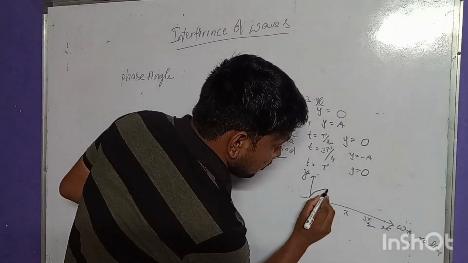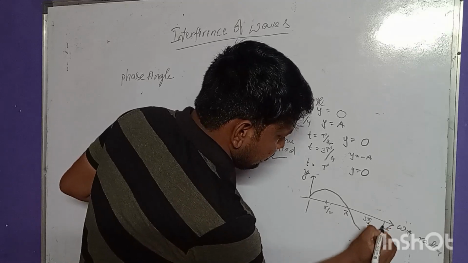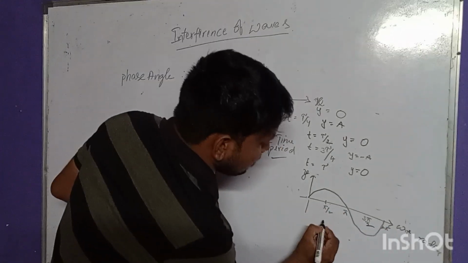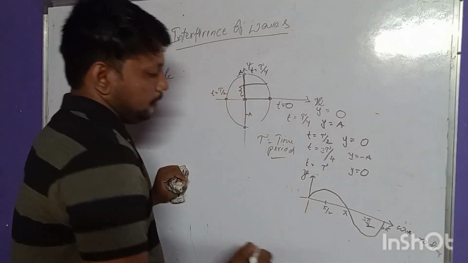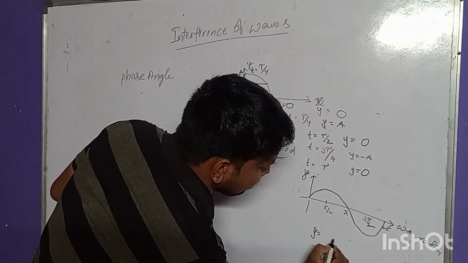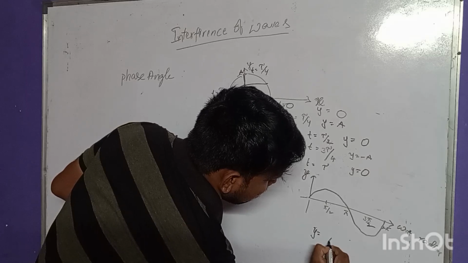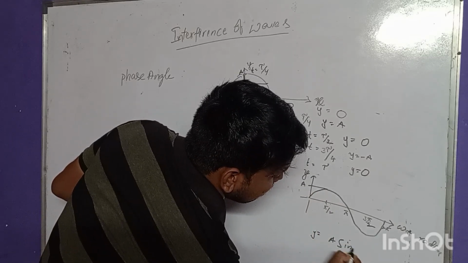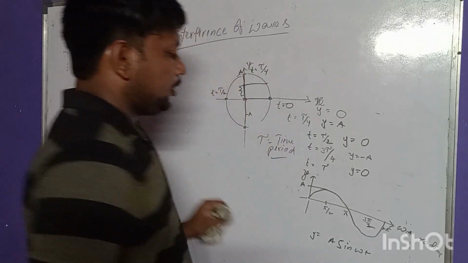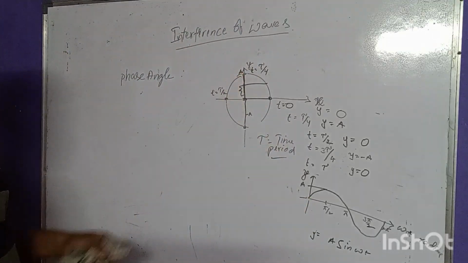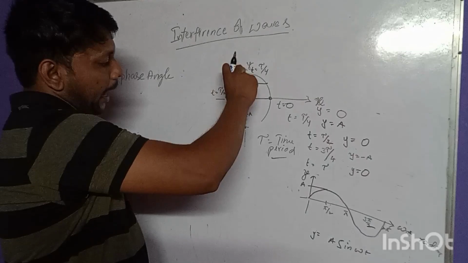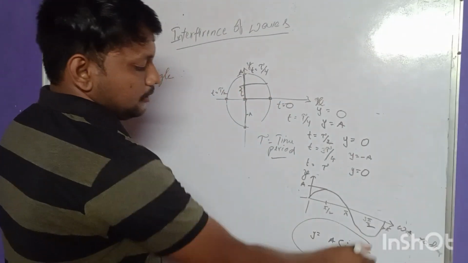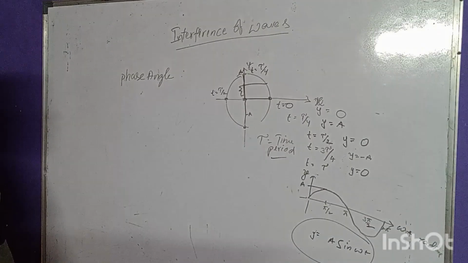We get a sine wave, right? This is a sine wave. Y is equal to a sin omega t, right? For plotting the graph between amplitude and time, we got y is equal to a sin omega t.